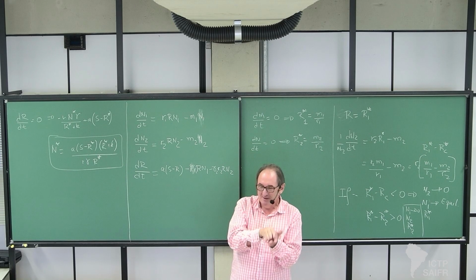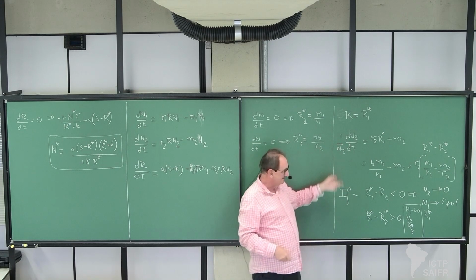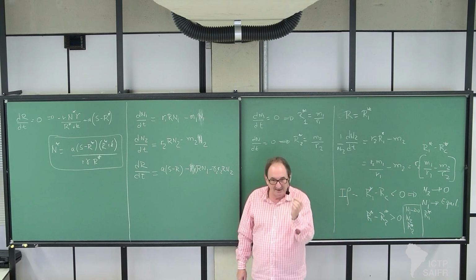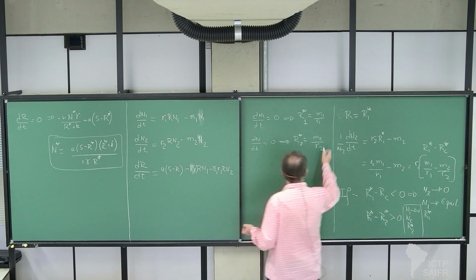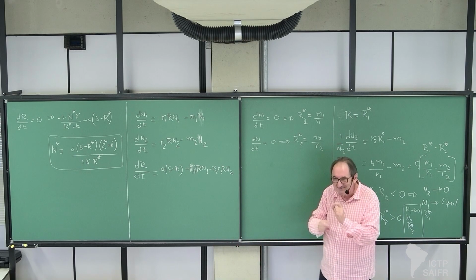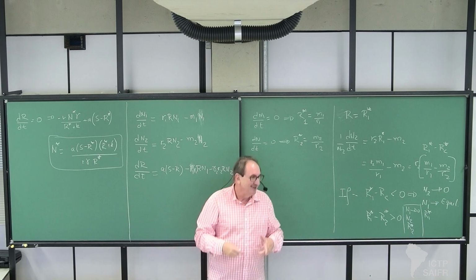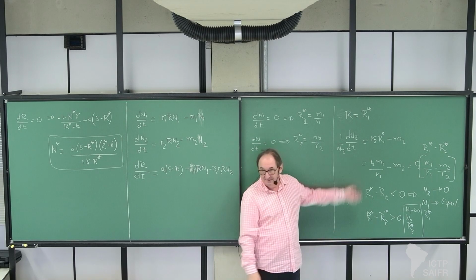But the point is, if this is not 0 but 0.001, then after a long transient you will have the elimination of one of them.